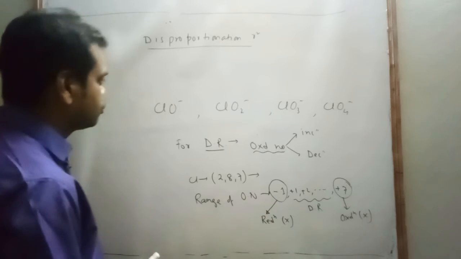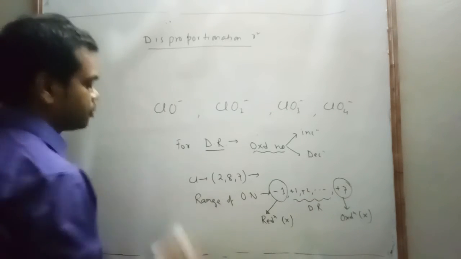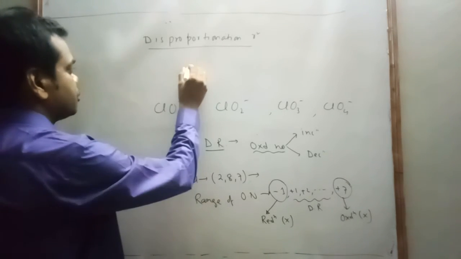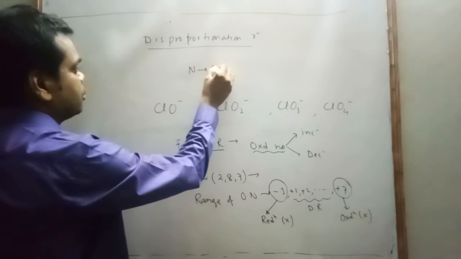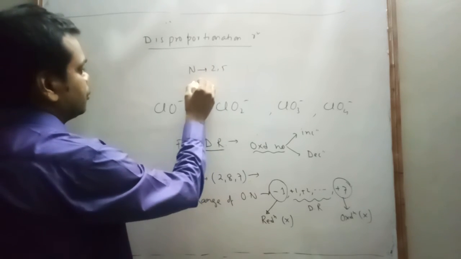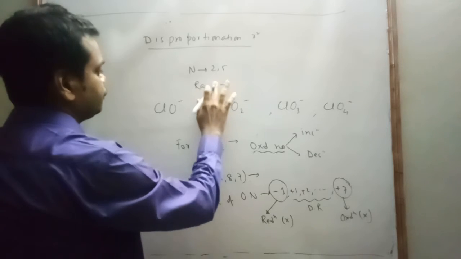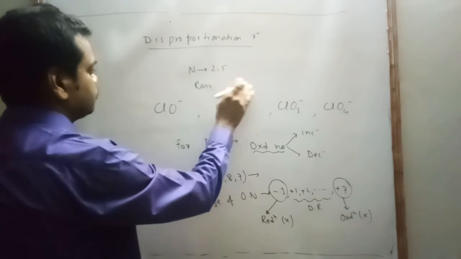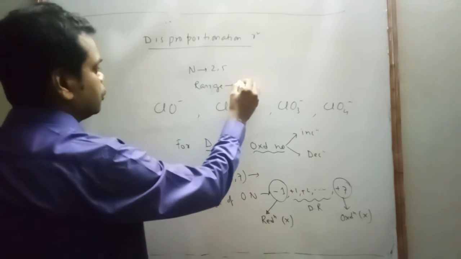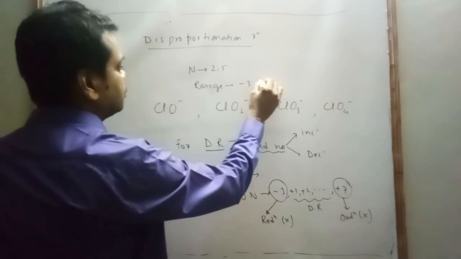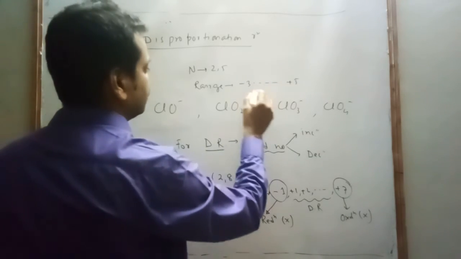Now student, if I take the example of nitrogen, nitrogen is 2, 5. So what will be its range of oxidation number? It will be -3 to +5.